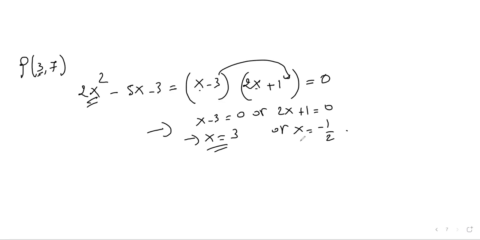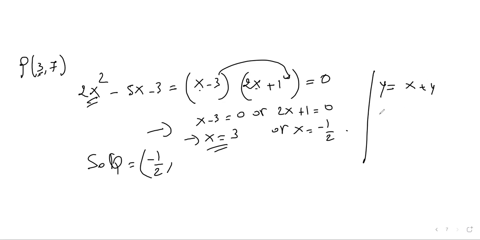This is the second solution. So I know the first coordinate of Q: Q is -1/2. And how will I find the second coordinate? I have y is equal to x plus 4, and Q is on the line as well.